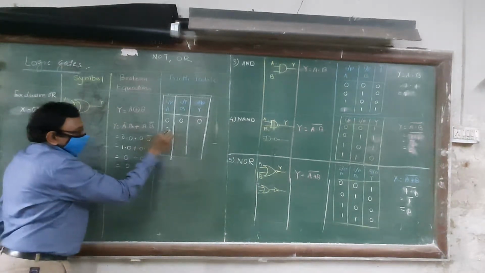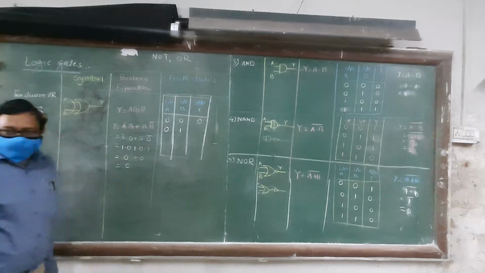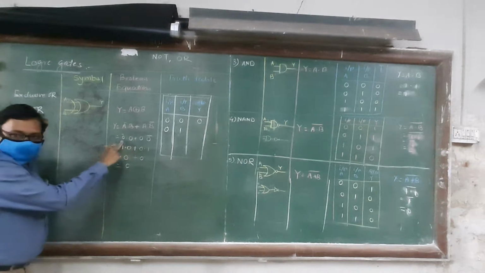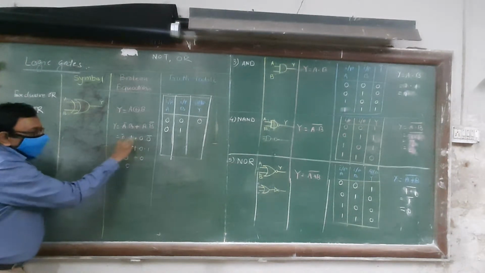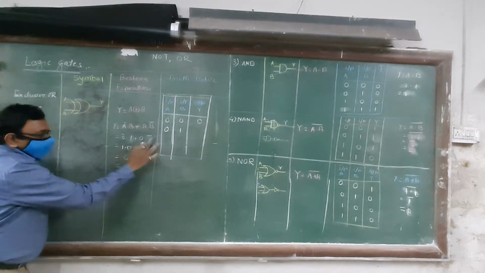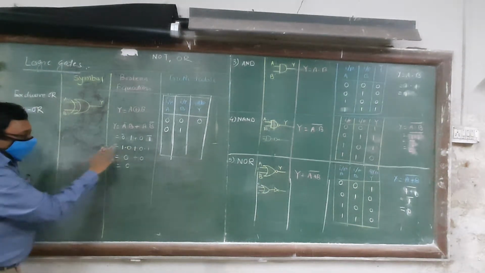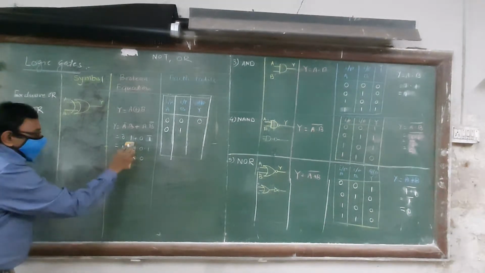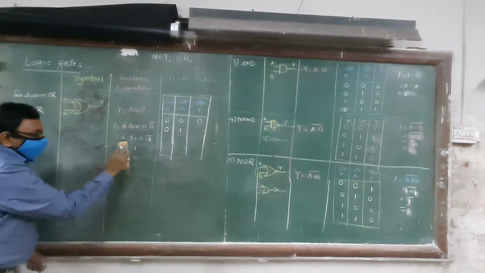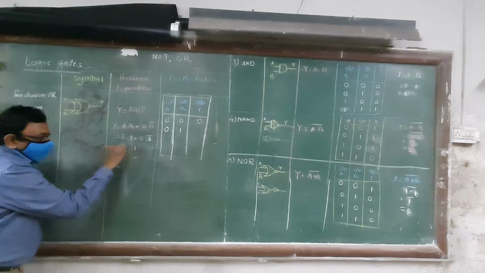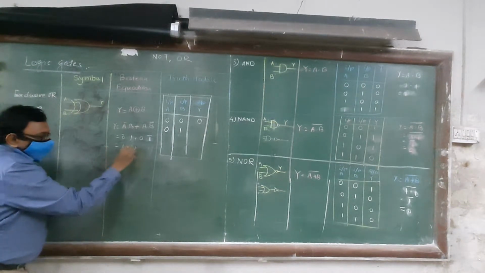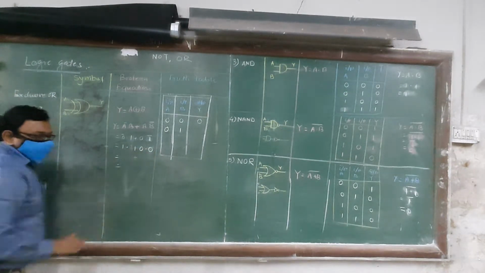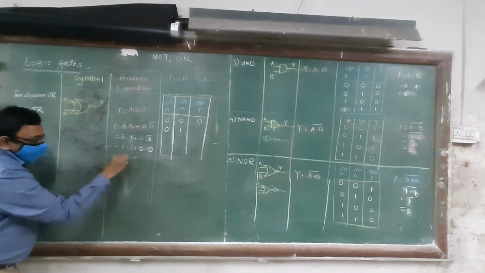Next one. Here, if any one input is 1, who will say the output condition now? A is 0, B is 1. That means 0 complement is 1. Let's start the condition. 0 complement is 1 and 1, 0 and 0, 1 and 1 becomes 1.